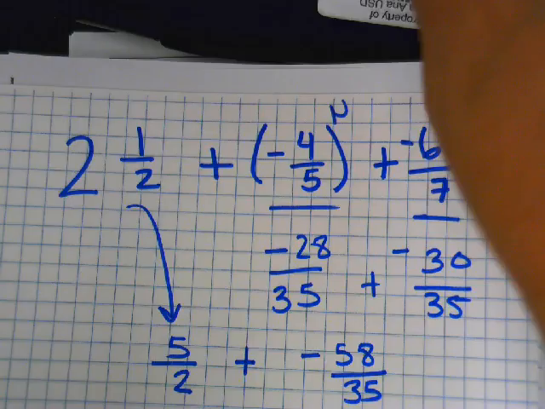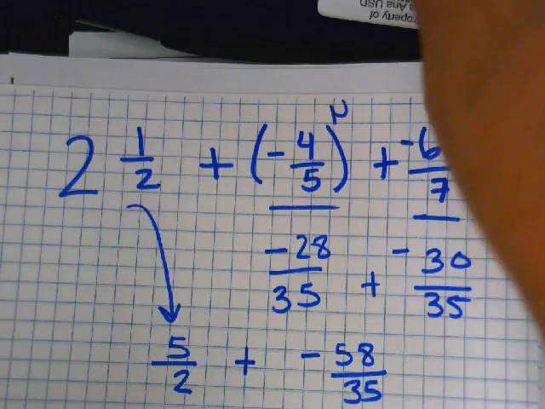Is your answer going to be a positive or a negative? Positive. Is it a mixed number or not? No mixed number. What's the denominator? 70.